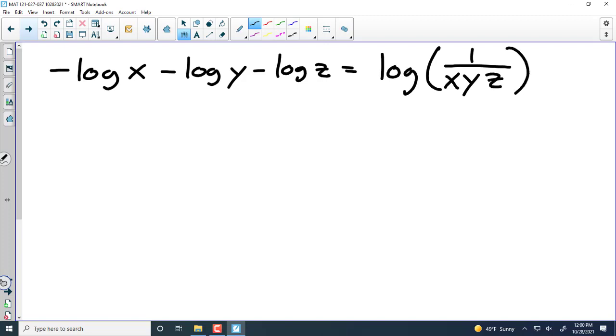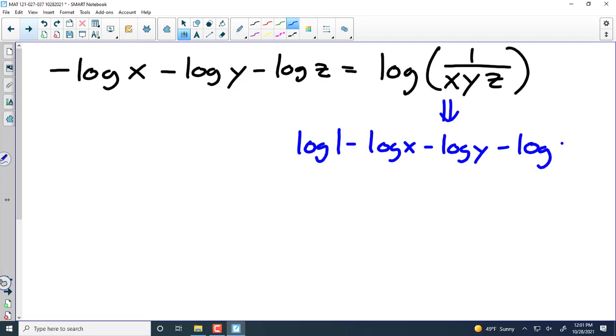Just put a 1 up there. If you said to me, Steve, how can you put a 1 up there? Because if I were to expand that, Steve, wouldn't I have to expand it like this? And I'd say, yeah, you would have to expand it like that.